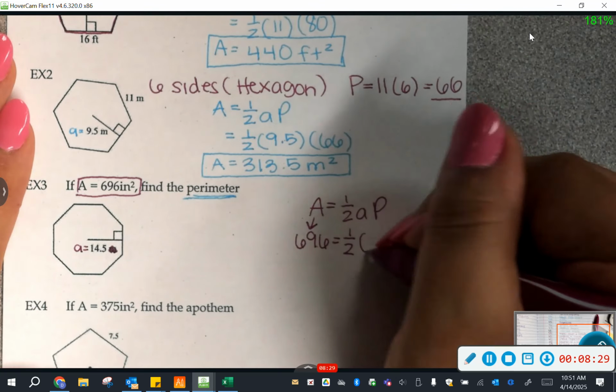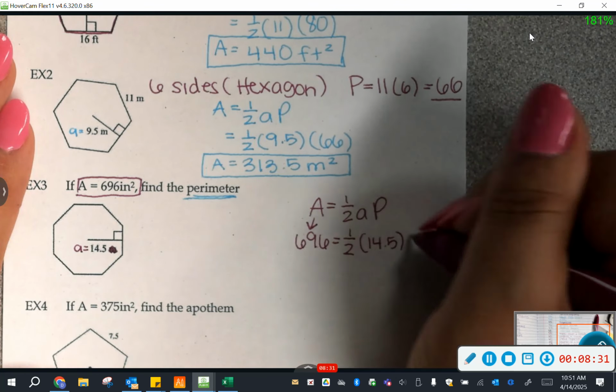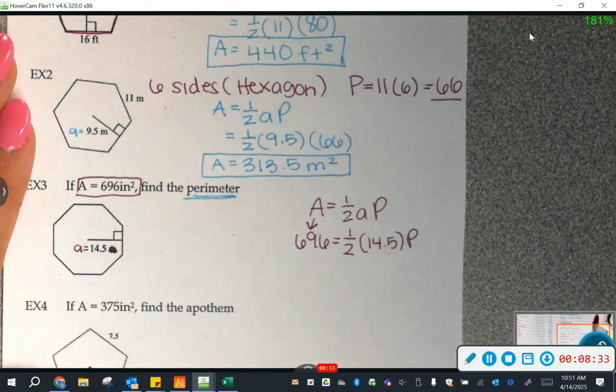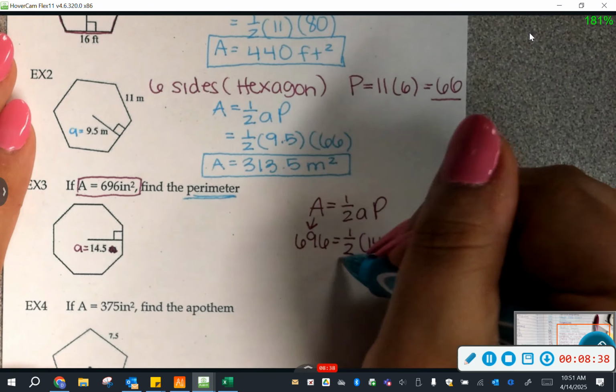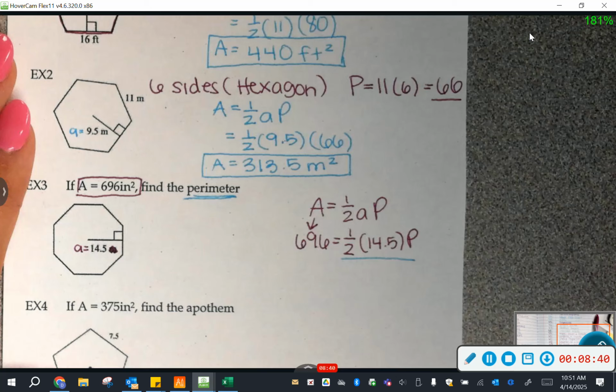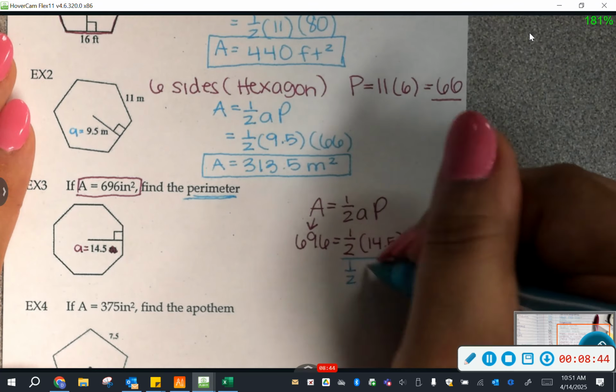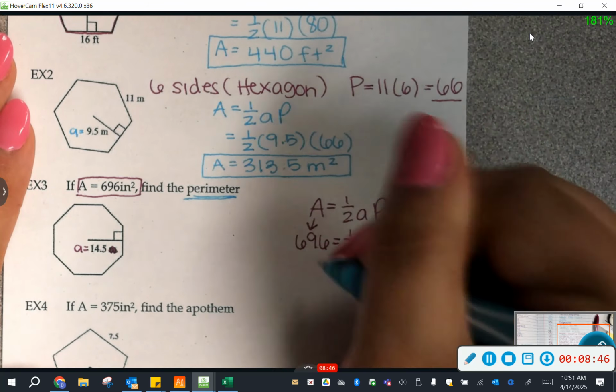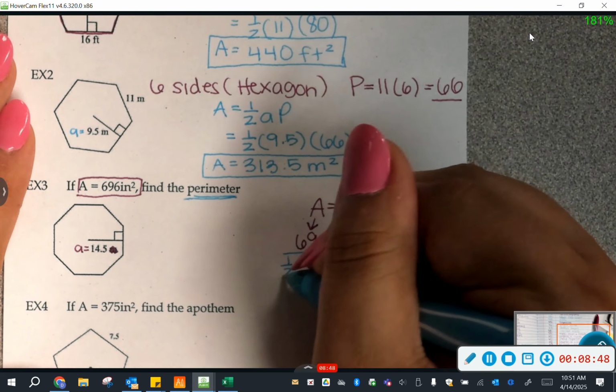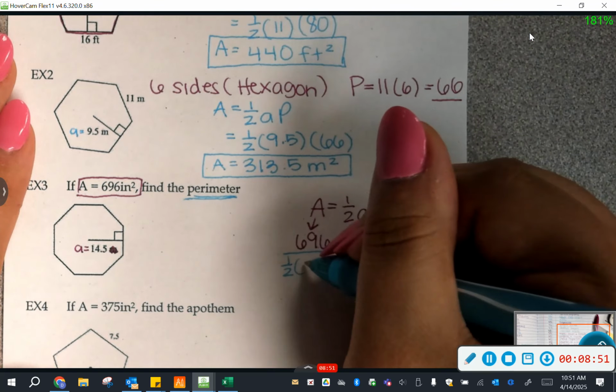My apothem is 14.5. How do I find the perimeter? Marley said divide. Divide what? Nope. What do I divide by? 1/2 and 14.5. Or you could divide by 7.25.